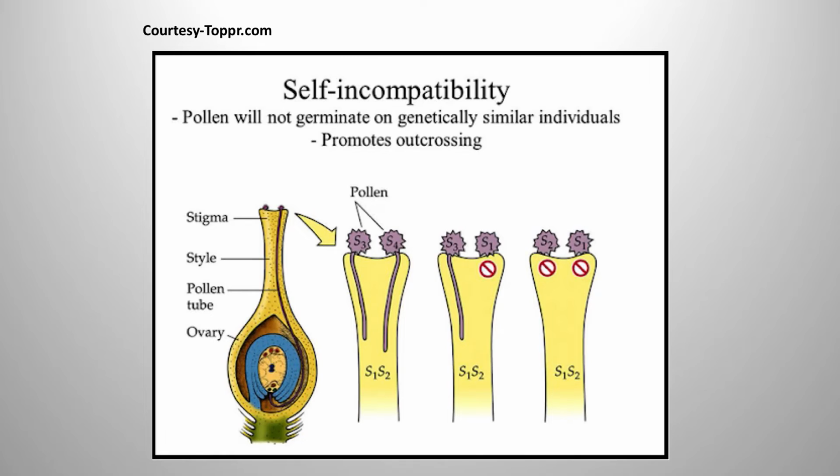So, this is self incompatibility. You can see when the pollen grains of a particular genotype S1 and S2 fall on the stigma, if the stigma has the same alleles of that S gene, which is present in the S locus, then pollination does not proceed.